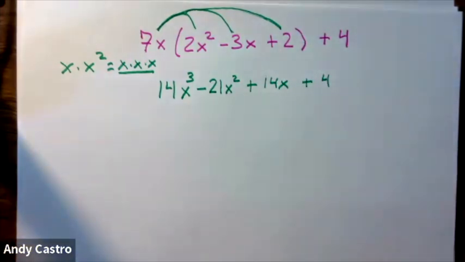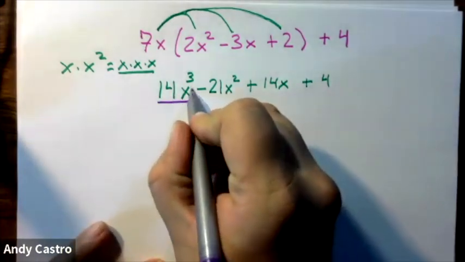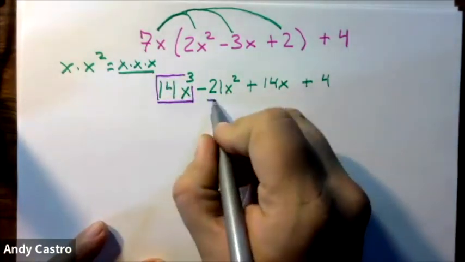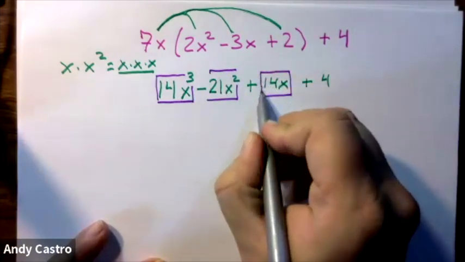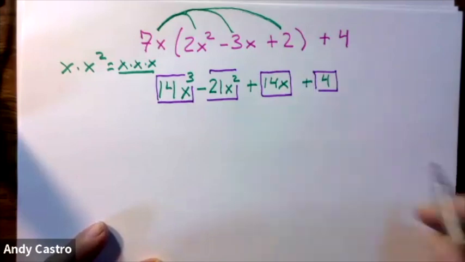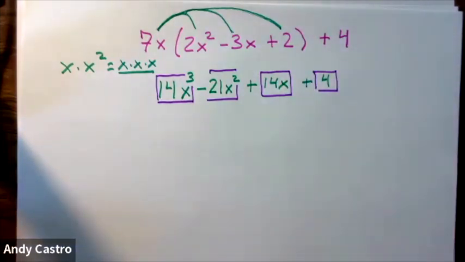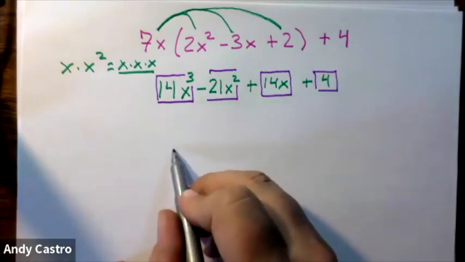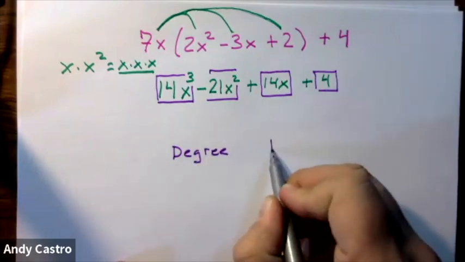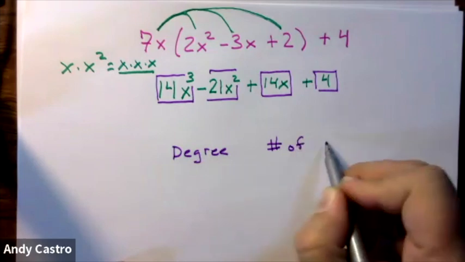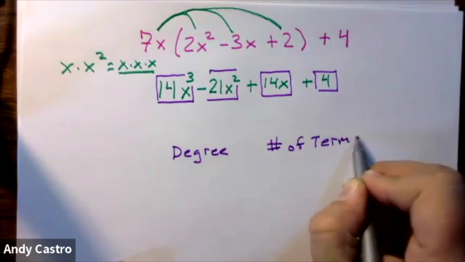All right, let's see. Can we combine anything? Okay, I've got my 14x cubed, my 21x squared, my 14x, and my 4. I have no like terms, so I cannot combine anything. All right. So now I want to look at degree and number of terms.